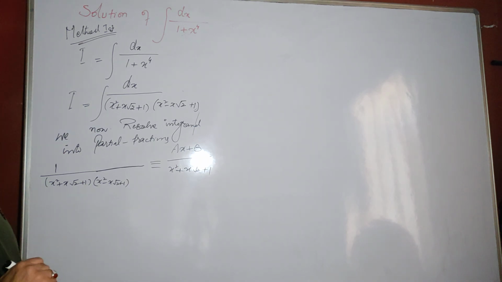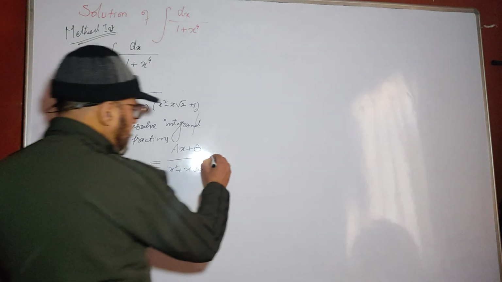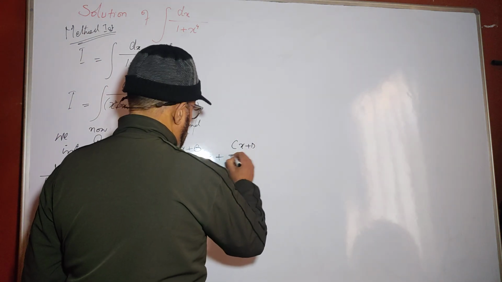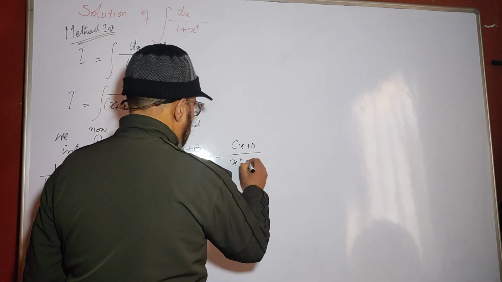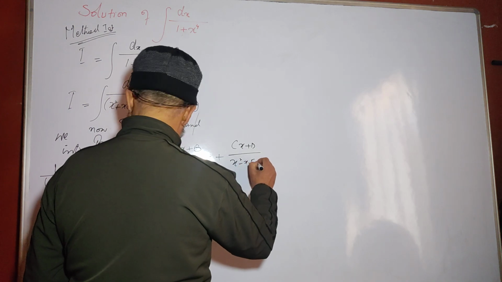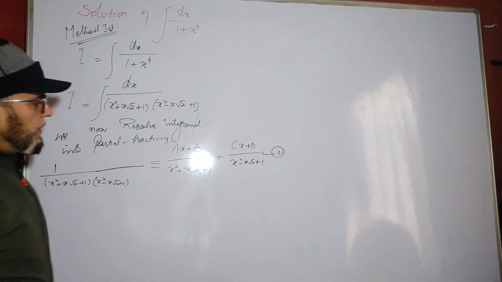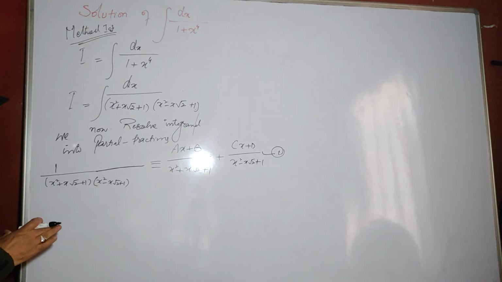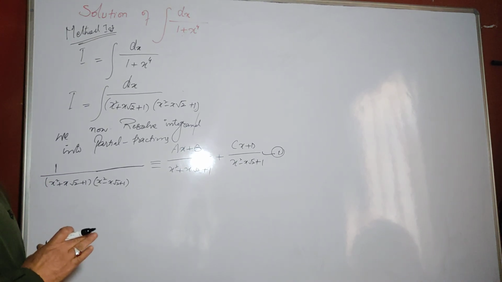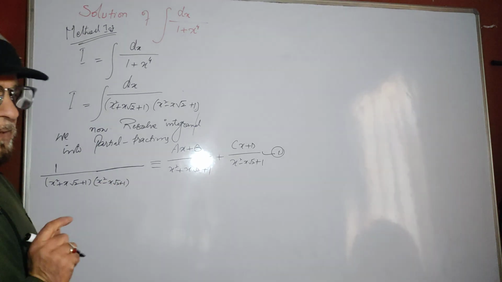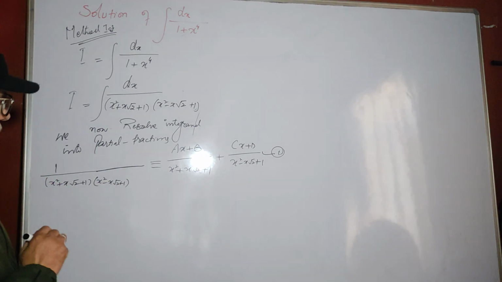It is the quadratic rule for resolving partial fractions. Then plus cx plus d upon x square minus x root 2 plus 1. Now our aim is to find the required constants a, b, c, and d, as per your partial fractions in previous classes.